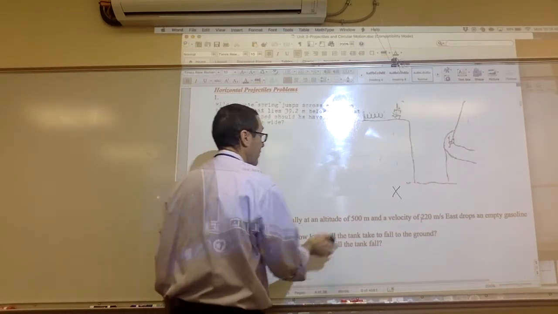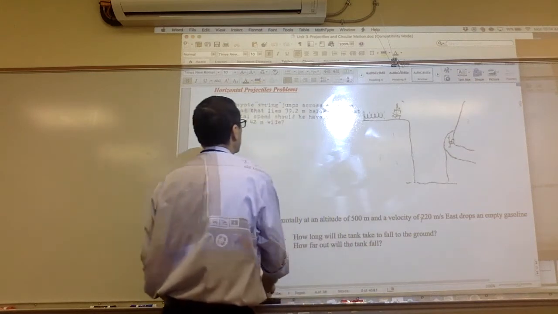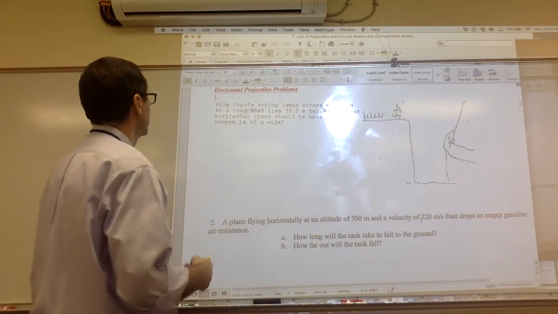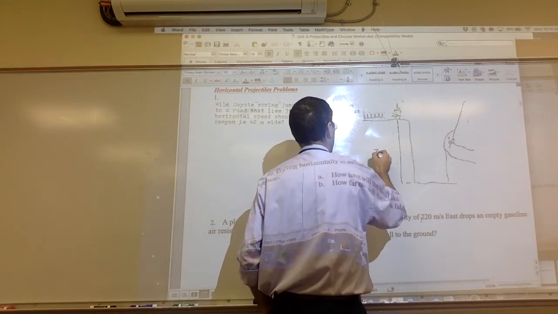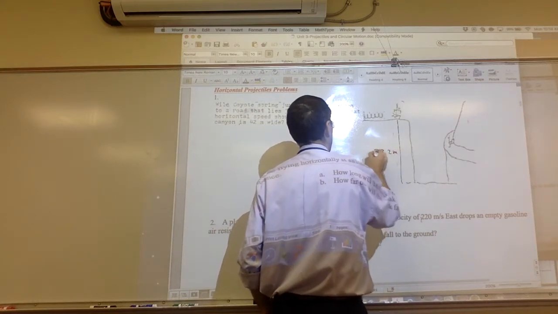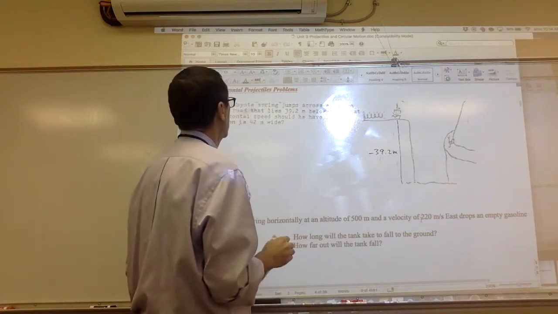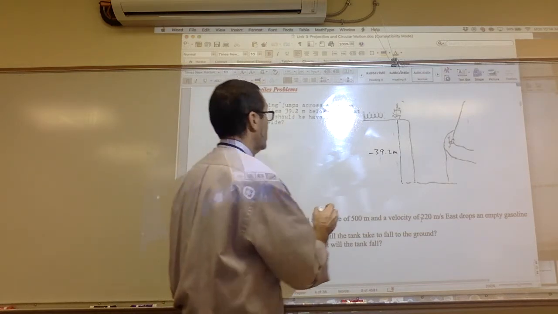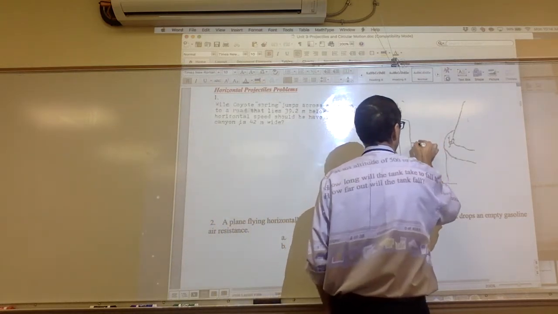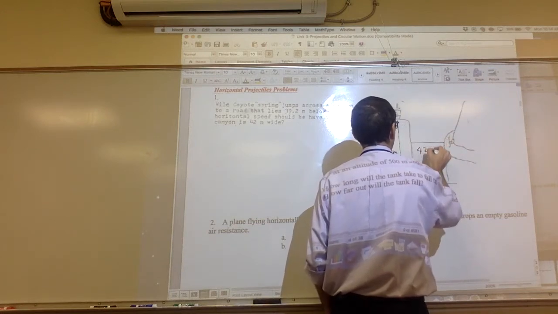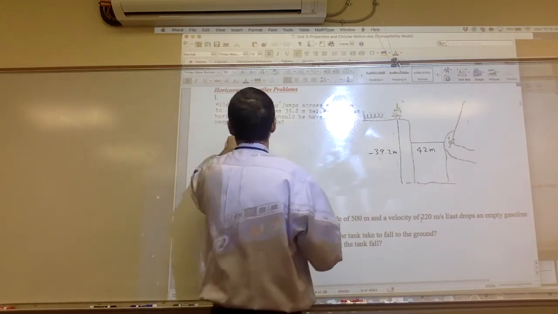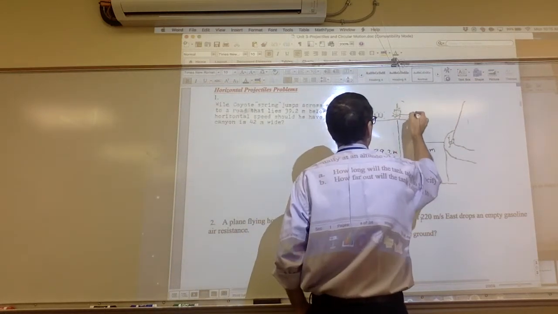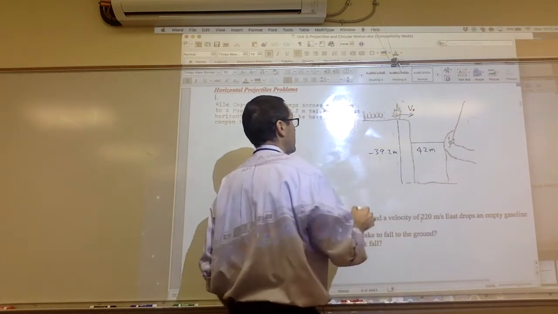Number 1 on page 4. This height here is 39.2 meters, but in terms of displacement, it is negative 39.2. This horizontal distance is 42 meters, and we're trying to find with what speed, the initial velocity.